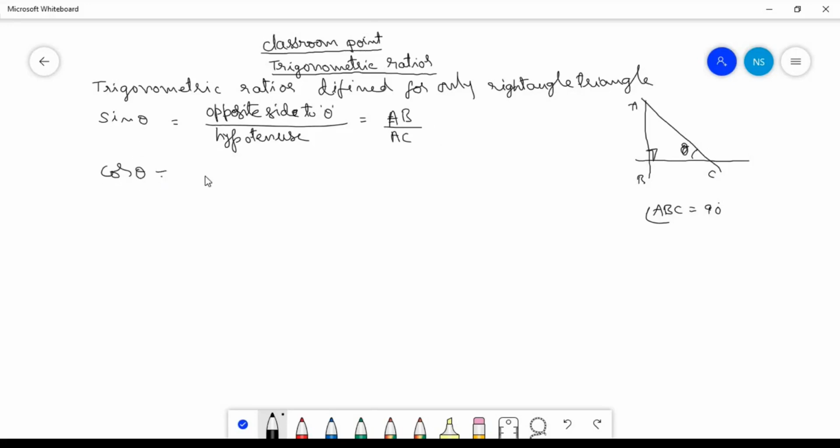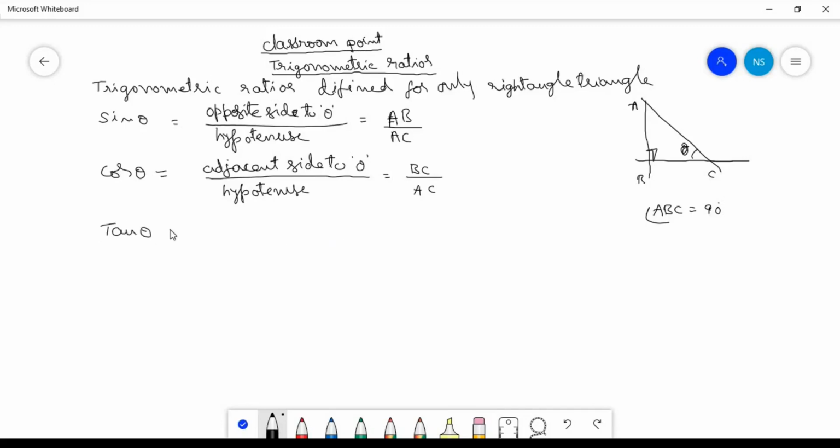Cos theta is equal to adjacent side to theta by hypotenuse. Adjacent side to theta is BC, by hypotenuse AC.